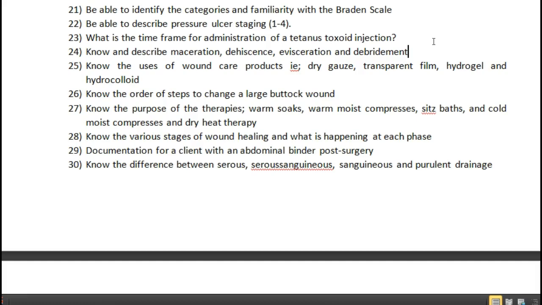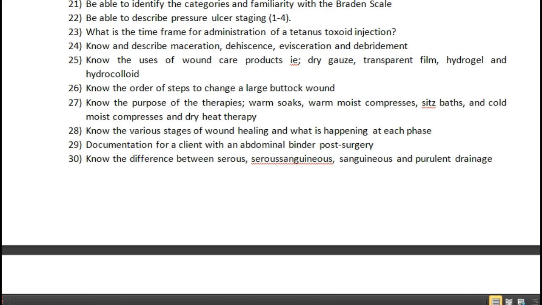And like for instance, when you're cleaning somebody up and getting rid of urine and all of that type of thing, you are in the process of trying to prevent breakdown or maceration.